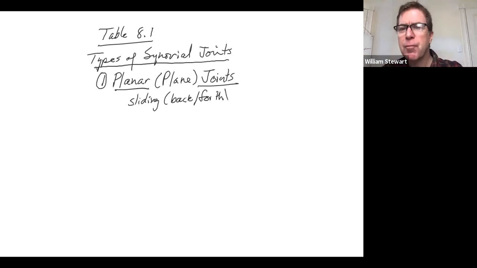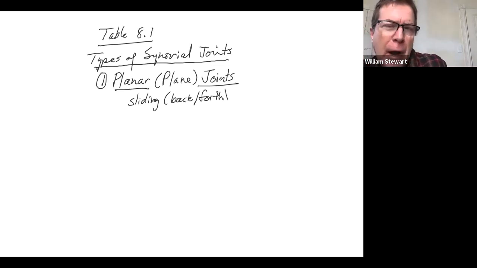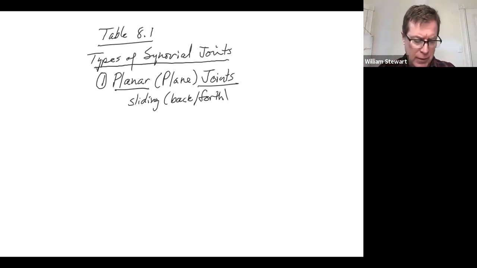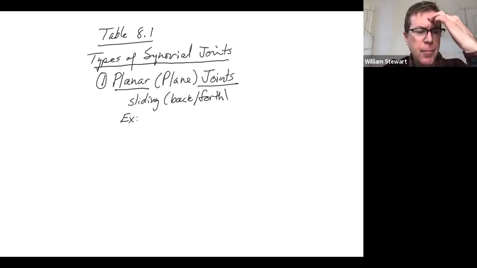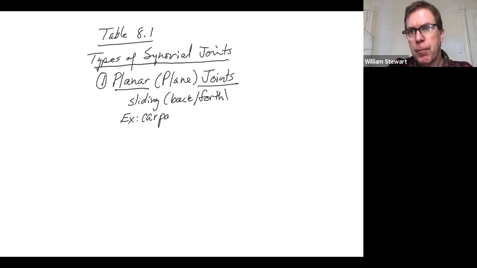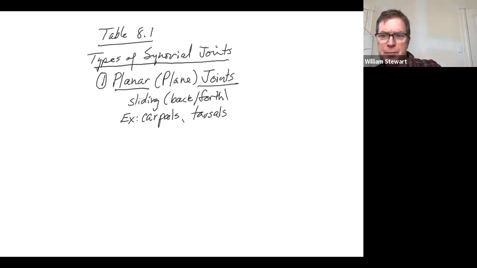That's the main type of movement that occurs at this synovial joint. Maybe perhaps a tiny bit of rotation is included in planar joints. Examples of these joints would be the wrist bones, the carpals, and the tarsals, the ankle bones, are very typical plane joints.